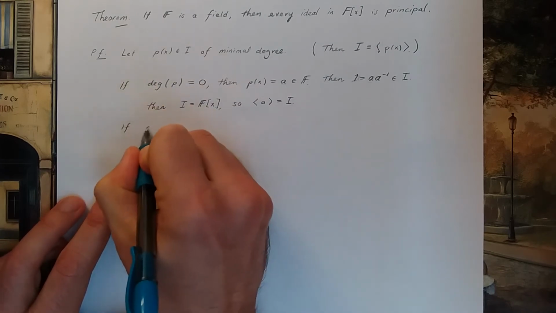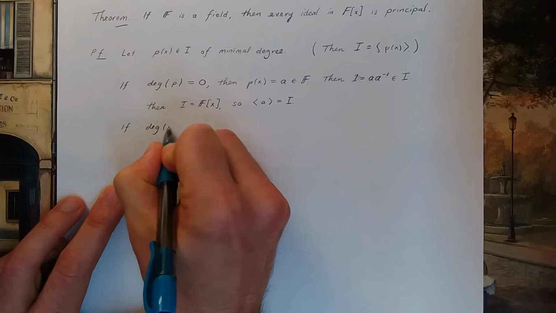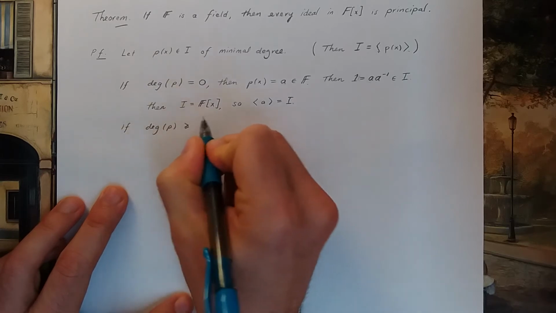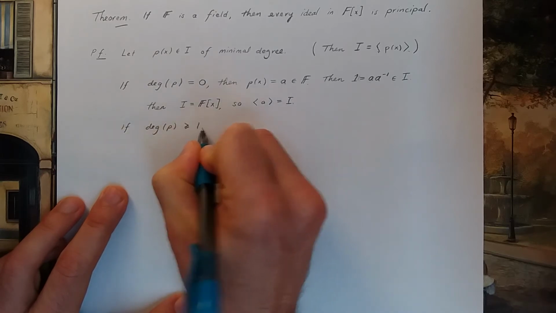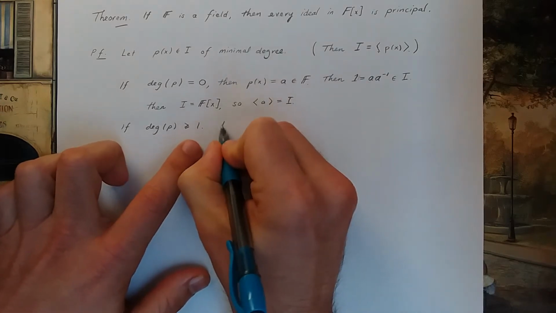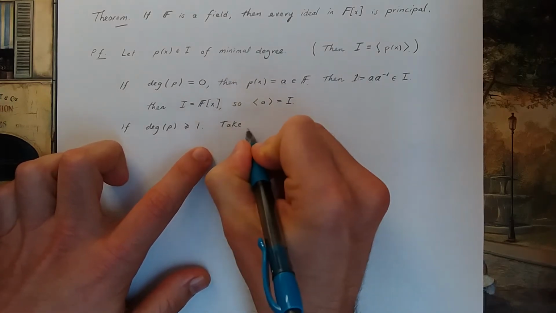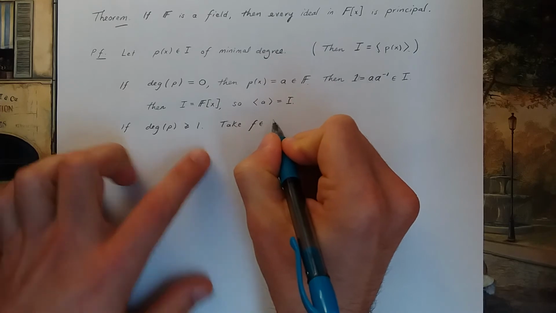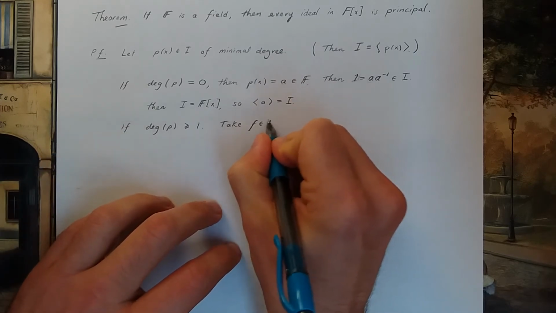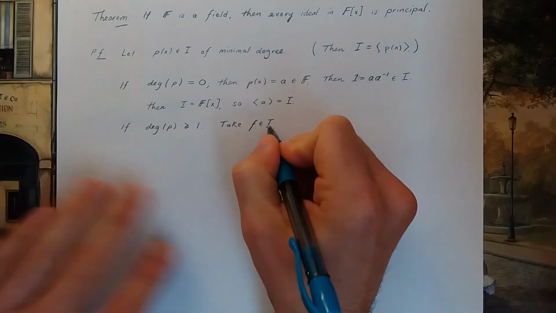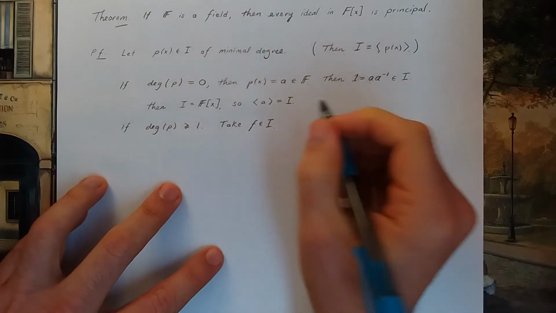Let's see what happens if the degree of my polynomial is bigger than or equal to 1. So in this case, I'm going to take f to be any other element in the ideal I. Let's take any other polynomial in your ideal.